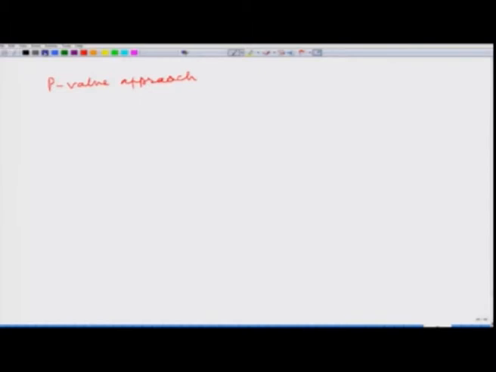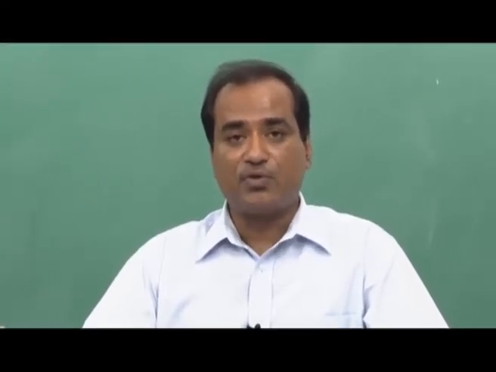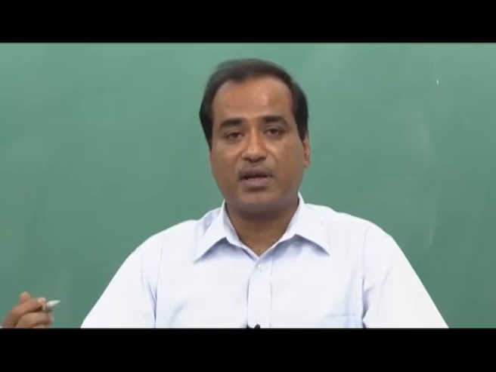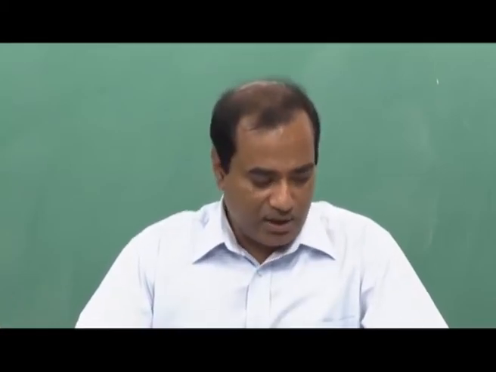So, statistical software provides p-values, and in this case we do not look at the critical region, but we simply look at the p-value, and based on that we take a decision whether my null hypothesis is accepted or not, right.